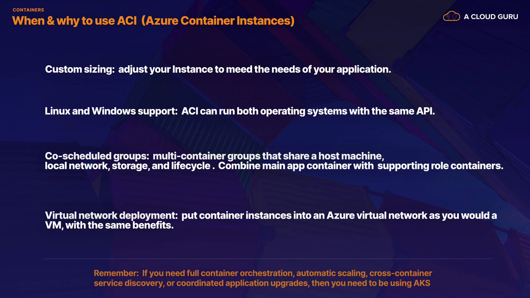Throw some tagging in there and make sure that they're billed correctly, keeping all of the various moving parts of a given department or application support crew sharing the costs where they need to. And your virtual network deployments. Container instances can drop into an Azure virtual network just like you would a VM, and you get the same benefits for it. And that's more or less the why you would want to use containers.